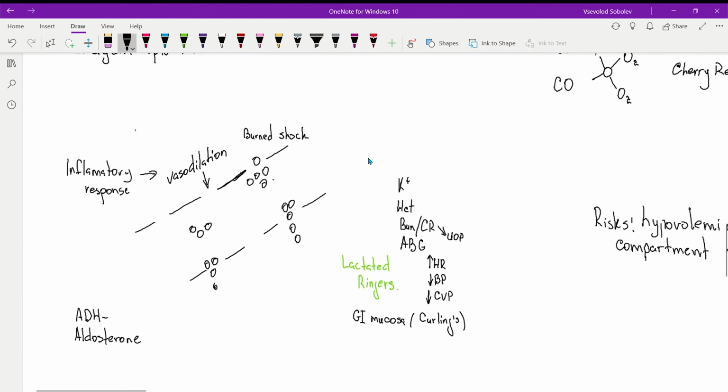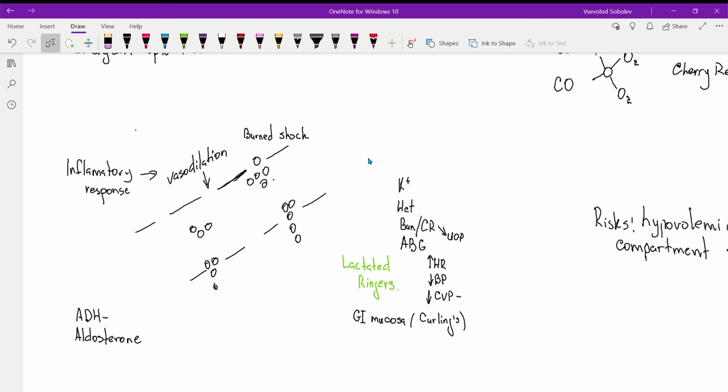Okay, and now that's our lactated Ringer's that we're going to use, and this is the all potassium, hematocrit. We're going to monitor urinary creatinine, urinary output, ABGs, increase in heart rate, decrease in blood pressure.